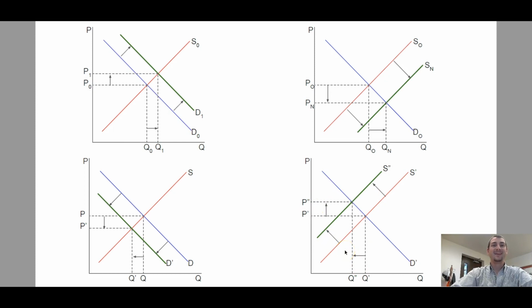The main thing you want to do whenever you're drawing these graphs is, first and foremost, draw your vertical and horizontal axes and label them appropriately with P and Q. The next thing is to draw your original supply and demand curves and label these as well. Then, before your first movement, label your equilibrium price and equilibrium quantity off of that original line.